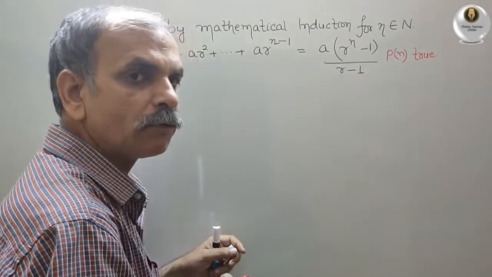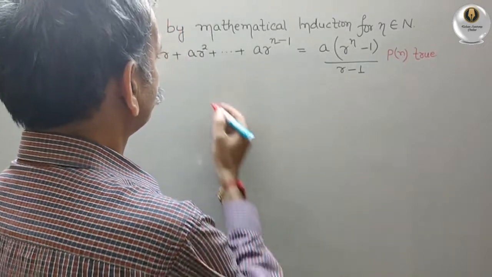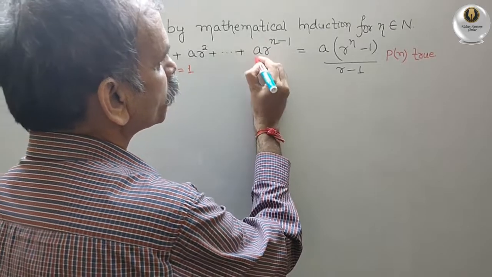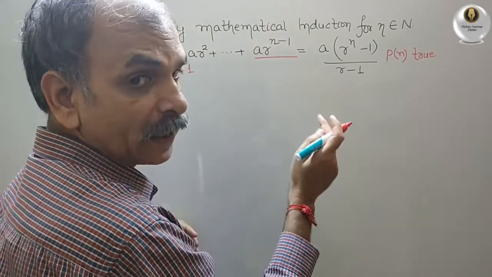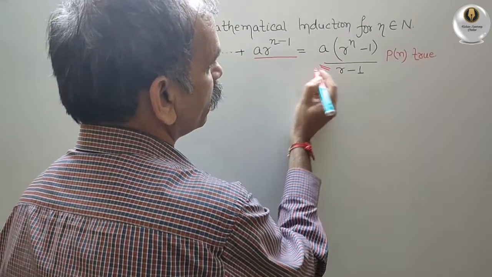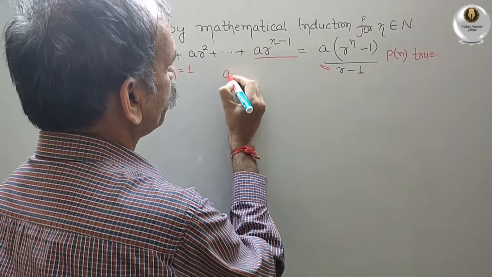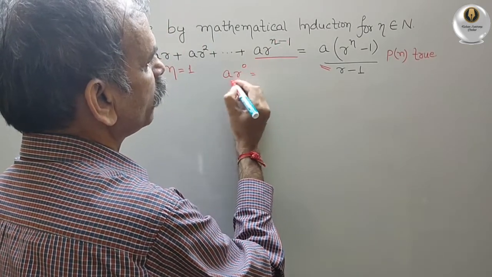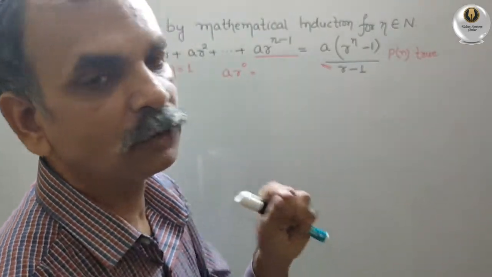For that what we have to do, just we have to take n is equal to 1. That means substitute this value 1 in place of n here. So what we will get, see this, a r to the power 1 minus 1 is 0. Any number whose power is 0 is 1.